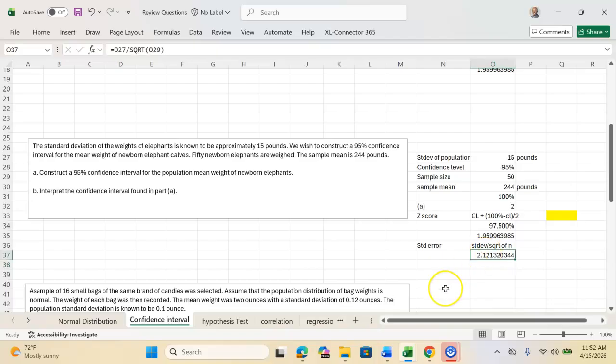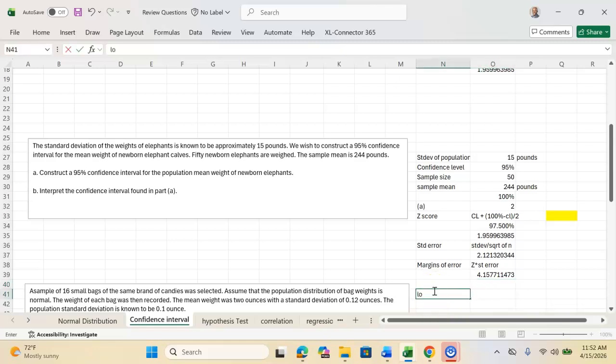Now we have the standard error. In this case, we can find the margin of error, and by formula, it is the z-score times the standard error. So we put an equal sign, click on the z-score, times the standard error, and if you enter, we have the margin of error.